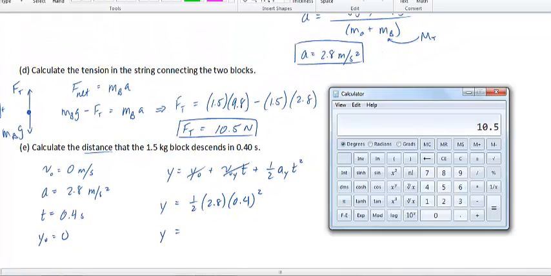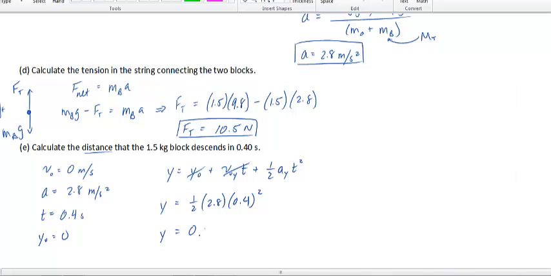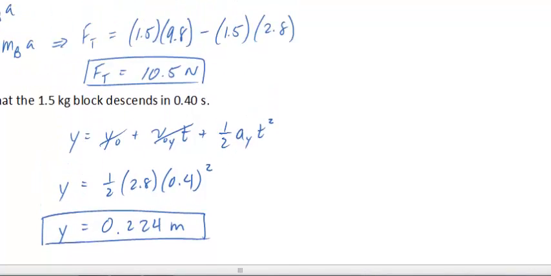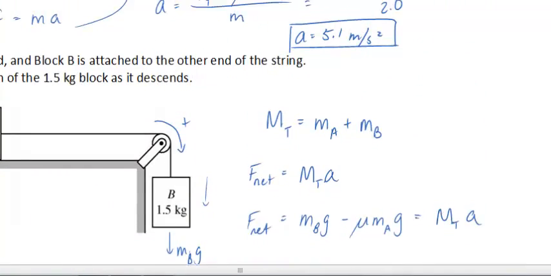I'll pull up my calculator again. 0.5 times 2.8 times 0.4 times 0.4 equals, and I get a distance of 0.224 meters. That's all the calculation for this problem.